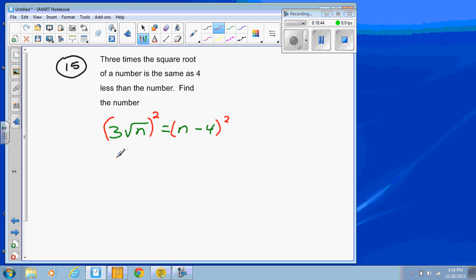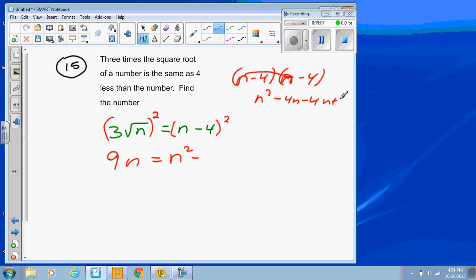So this would become 9n, because 3 times 3 is 9, and the square root of n times the square root of n is n, equals, and now when I square this, I do it the same way I always did, n minus 4 times n minus 4, and that becomes n squared minus 4n minus another 4n plus 16.